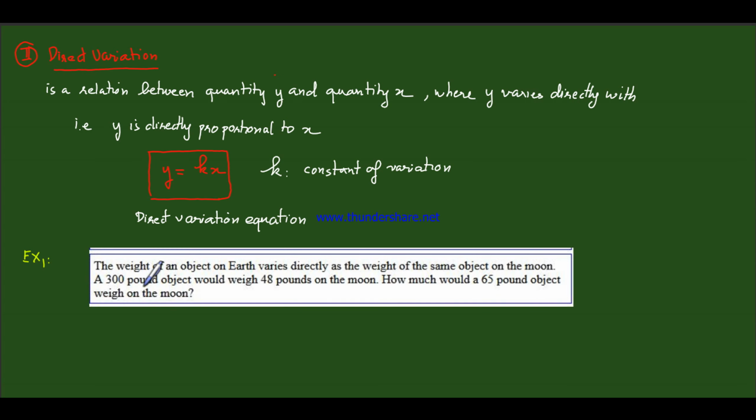If a 300 pounds object would weigh 45 pounds on the moon, how much would a 65 pounds object weigh on the moon? Okay, so how do we do this? Solution.